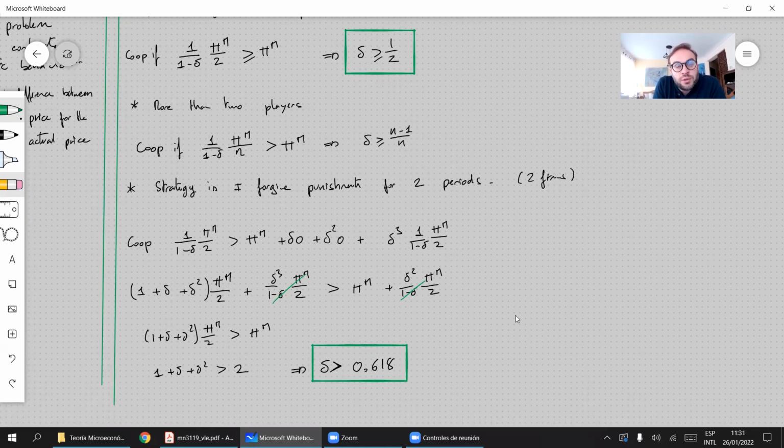This means that if there are problems of commitment, that is, if you betray me and then I forgive you afterwards, it's much harder to sustain cooperation. Cooperation requires higher discount factors. I need to value the long-term relationship more to keep on cooperating. If I don't have such a rigorous and strict policy as the trigger strategy, cooperation is going to be more complicated, right?